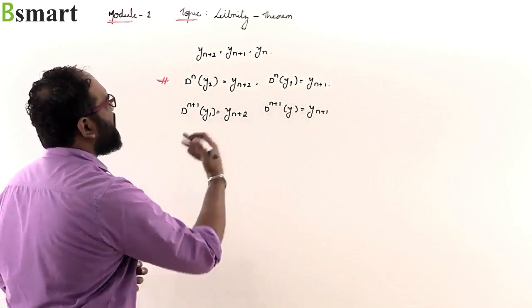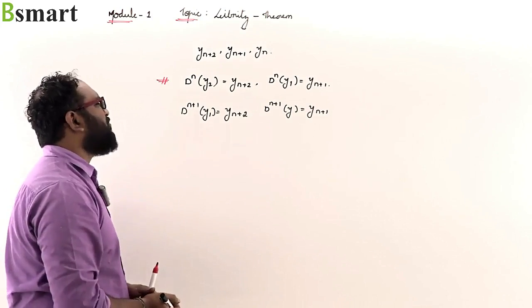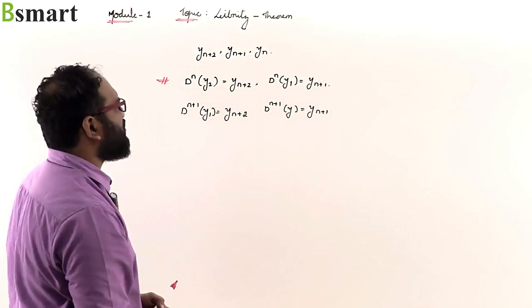And so like this, if we go on writing, we'll be getting different relations for yn plus 2, yn plus 1, yn and so on.